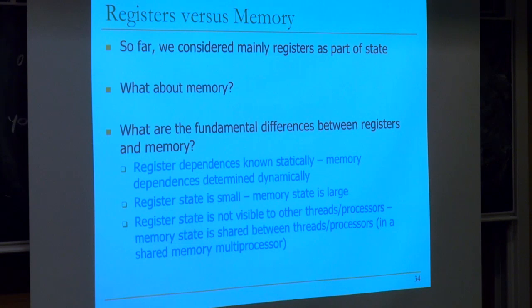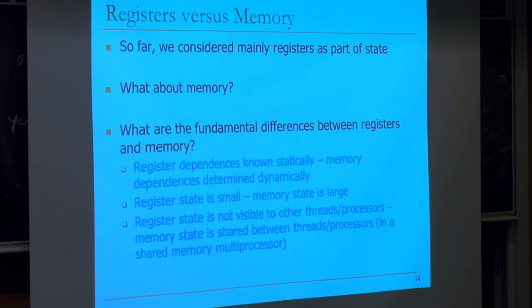If you only consider this thread, you may be able to recover it, because you go back to the old value somehow, with a history buffer, for example. But if some other thread already read that value, then it's very difficult to recover the entire system state. Right? So this is another fundamental difference.